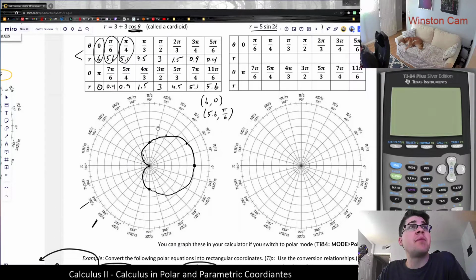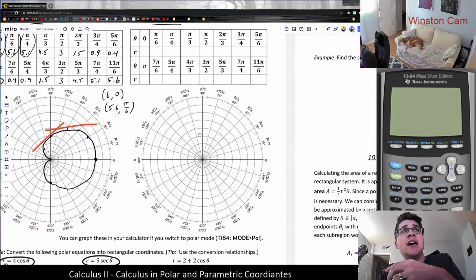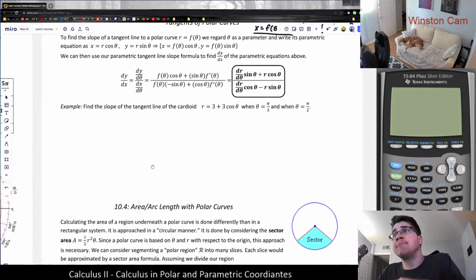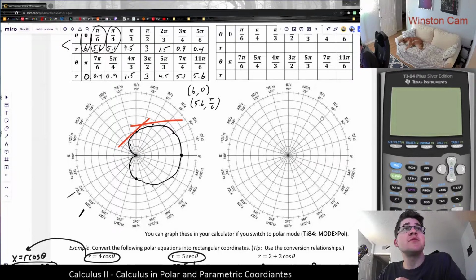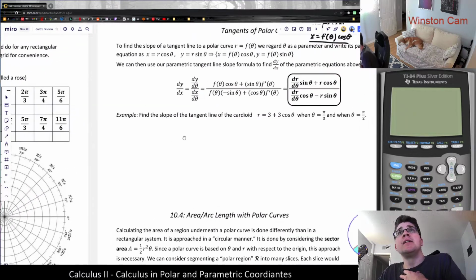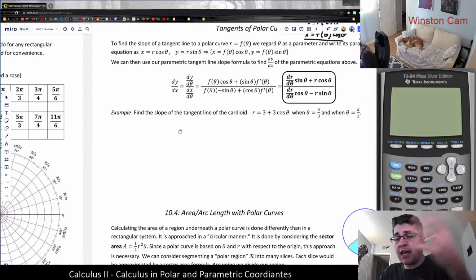Or at pi over 2, it appears to have a different slope over here. If I highlight those two points, it looks like something about there and about there. If we wanted to know more precisely, because this was a rough sketch, not perfect, just due to the fact that we were using some points to create a rough sketch of what it looks like, anyways, let's do it.